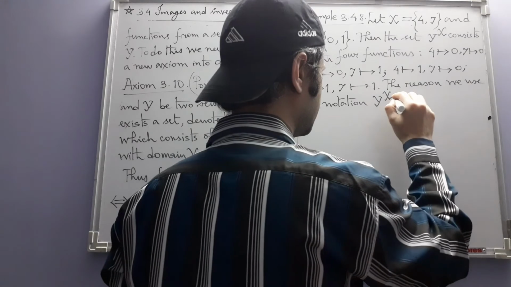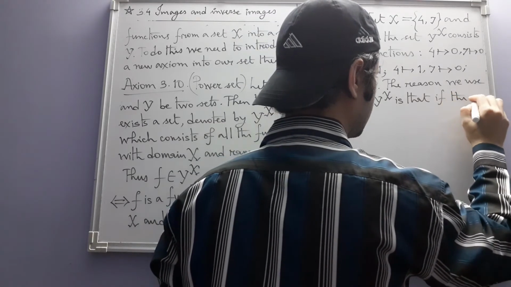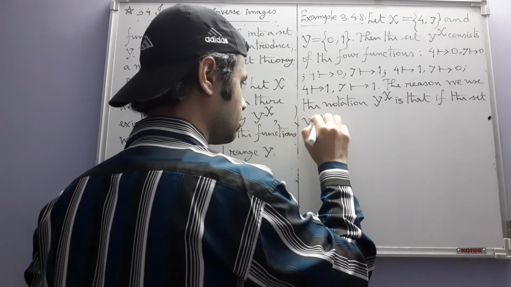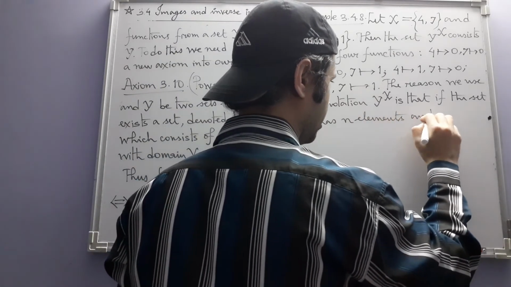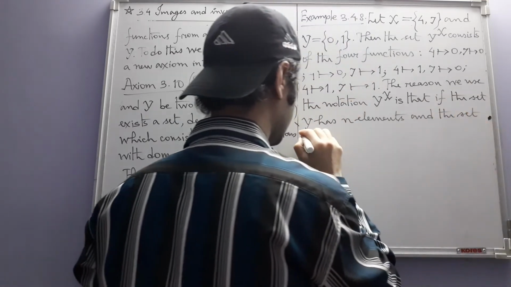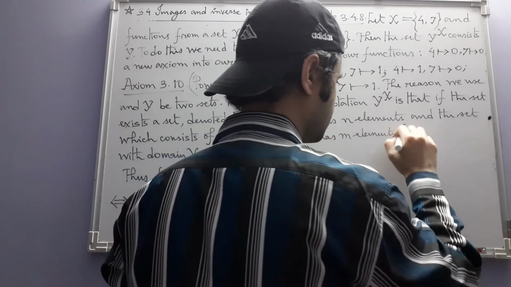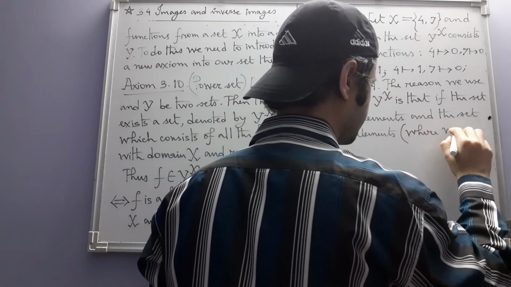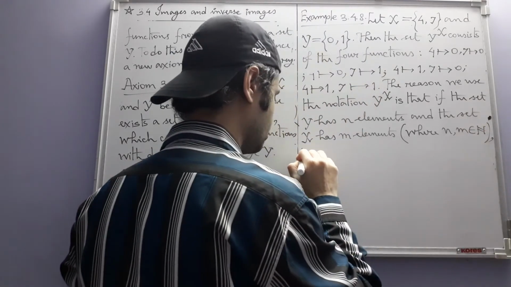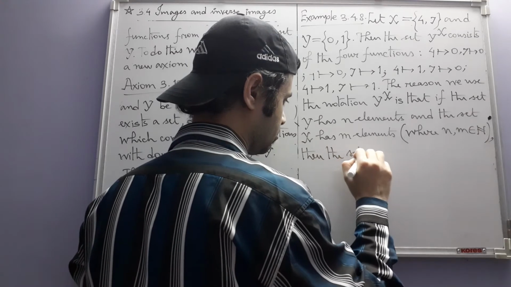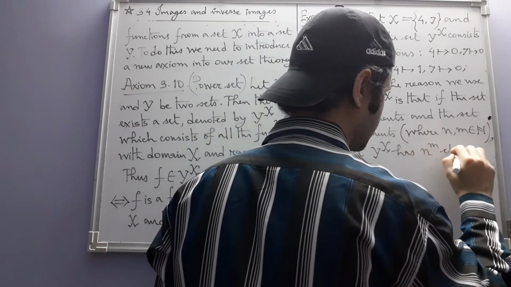Now the reason for this notation. The reason we use the notation is that if the set Y has n elements, that is, it's a finite set, and the set X has m elements, where n and m are natural numbers, then this set has n to the power m elements.